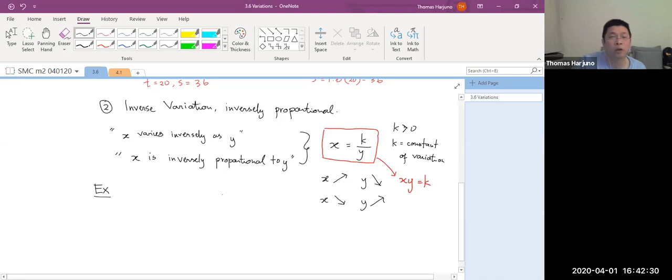I can't really find one. Then let me make my own example. Let's say B and T are inversely proportional.